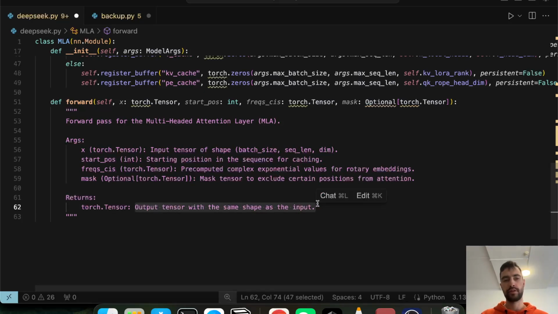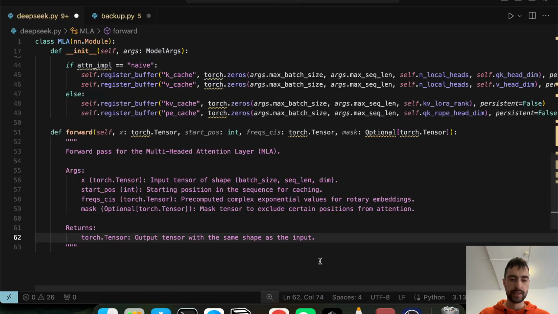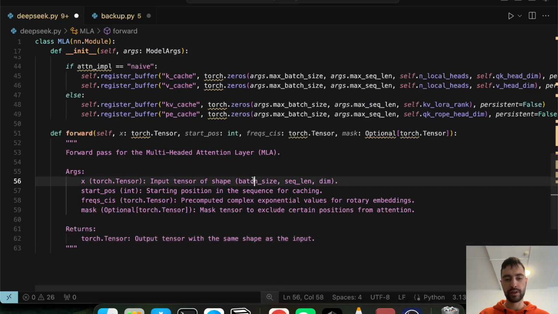The input is going to be batch size, sequence length, and dimension of the token embedding, and the output will be the same shape. I guess it will return the whole batch size and sequence length, but everything will be unchanged except the tokens.